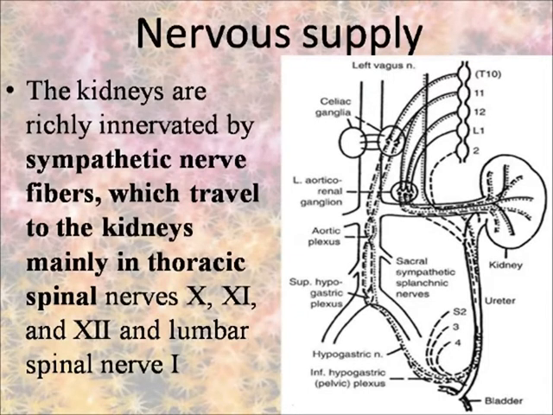Sympathetic nerve fibers also innervate tubular cells and may cause an increase in sodium ion reabsorption by a direct action on these cells. Stimulation of sympathetic nerves increases the release of renin by the kidneys. The kidneys are also innervated by parasympathetic nerve fibers, which are the renal branches of the vagus nerve.